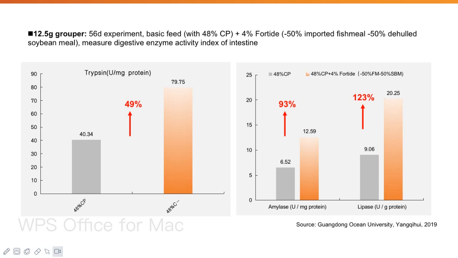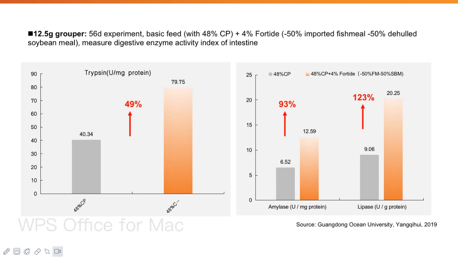The groupers with an initial weight of about 12.5 grams were selected as test objects, and the original basic diet with 48% CP was the control group, and on the basis of the control group, we added 4 different levels of Fortide: 1%, 2%, 4%, and 6%. And according to the different levels of Fortide, we reduced half imported fish meal and half dehulled soybean meal.